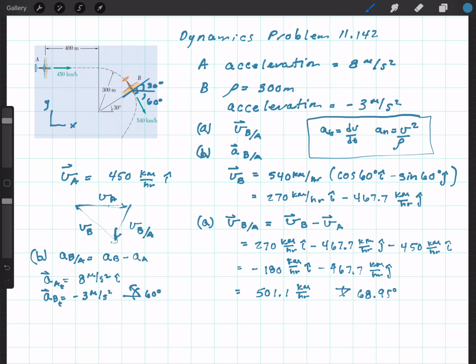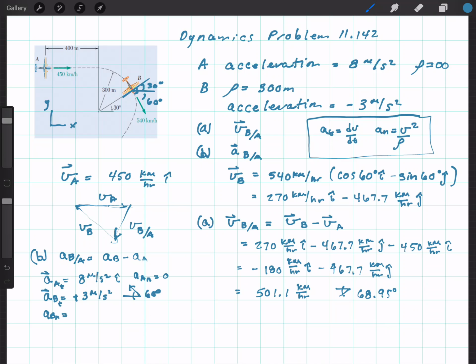In the case of A, rho is infinity because it's a straight line. So if rho is infinity, then the normal component of acceleration for A would be 0. And the tangential component of acceleration is given by the change in speed, which we were given here.